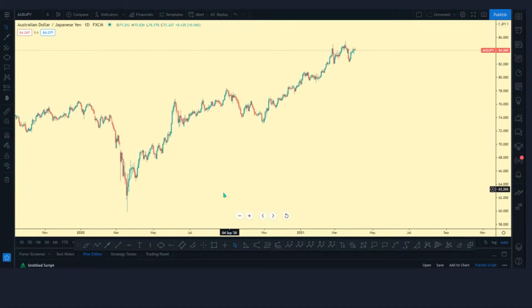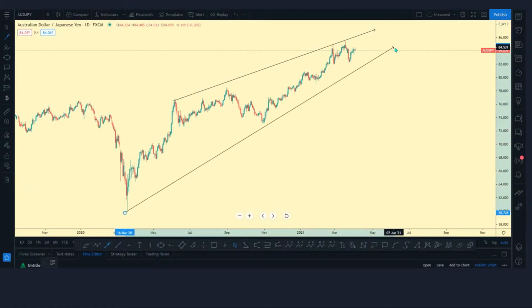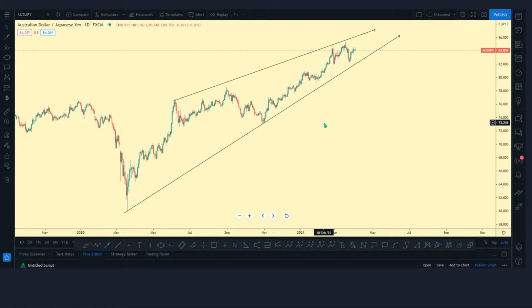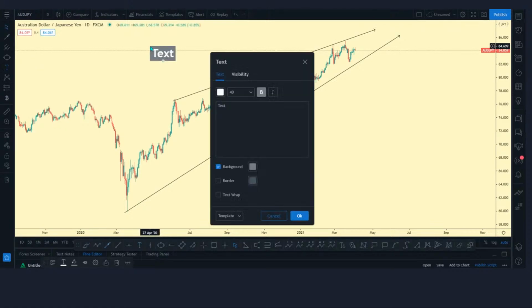Basically it's a rising wedge also. So this could be an indication that the AUDJPY may come down hard. You can see a rising wedge in the daily time frame. So I'm just going to type it here.